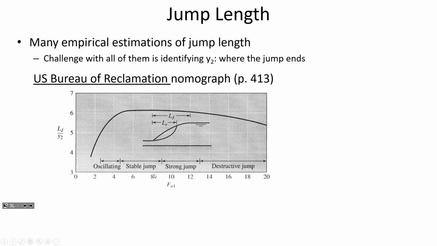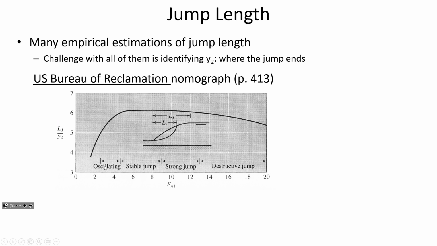So the way that you use this nomograph is that if you know the Froude number of the upstream section, calling location 1 the depth immediately prior to the jump, if you know the Froude number there, then you can go up and bounce off of this nomograph, and then to the left read the ratio of the length of the jump to the downstream depth.